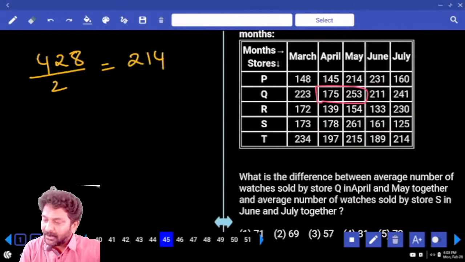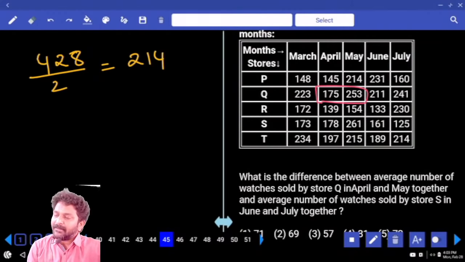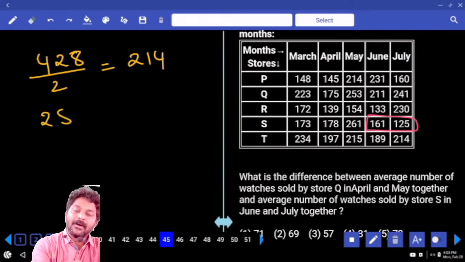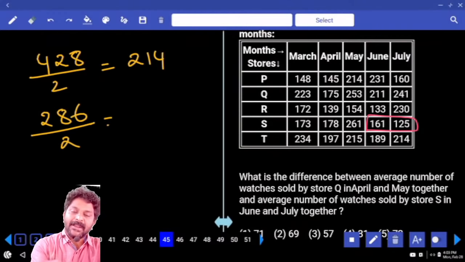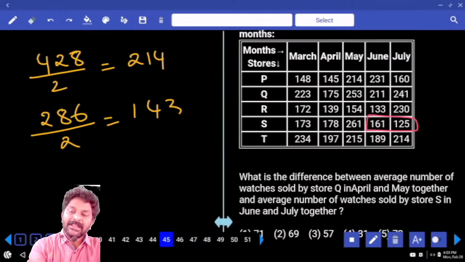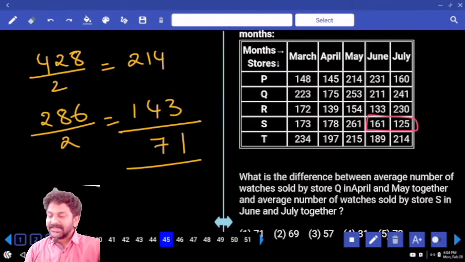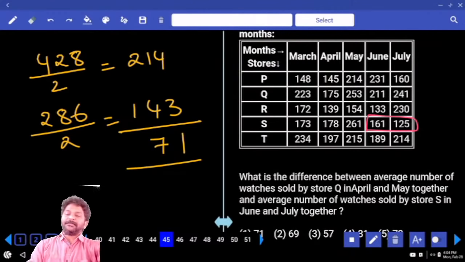Then the difference between this and the average number of watches sold by store S in June and July together. Sum of both the numbers is 286. Average, divided by 2, that is 143. And we were asked to calculate the difference, that is equal to 71. First option.